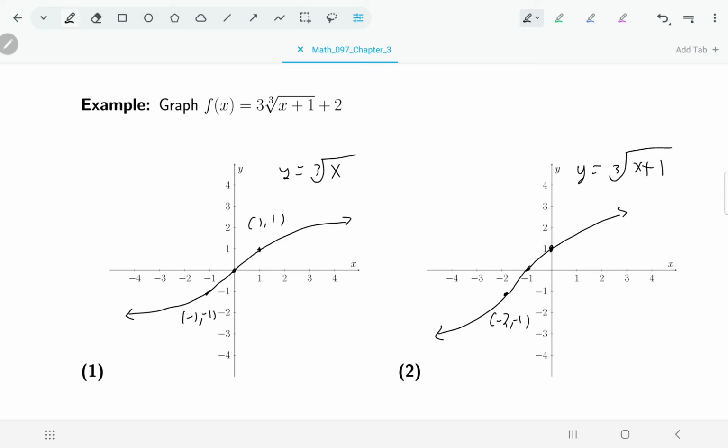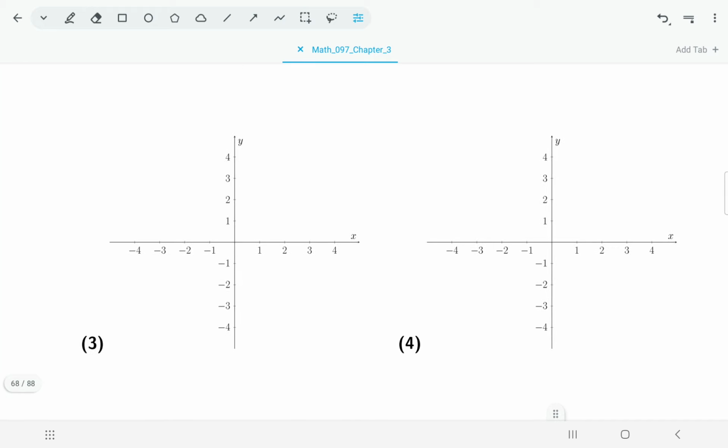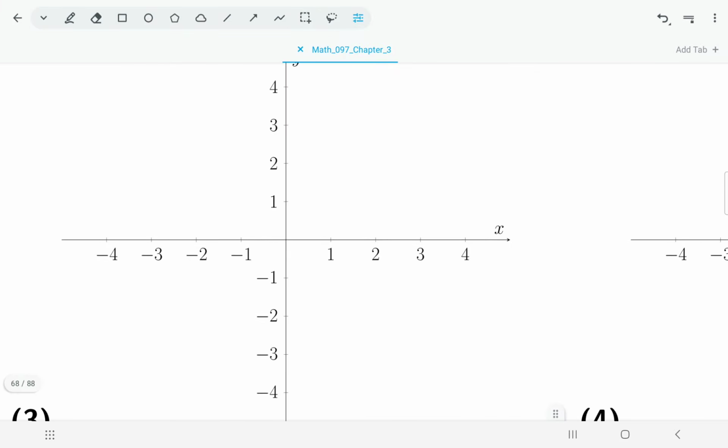For the 2 vertical transformations, I'm going to do, again, as always, the stretching and flipping before I do my shifting. So for my next transformation, I'm going to multiply all of my y values by 3. So instead of 0, 1, I would have 0, 3. Negative 1, 0, the y value is 0, so when I multiply the y value by anything, it stays as a 0.